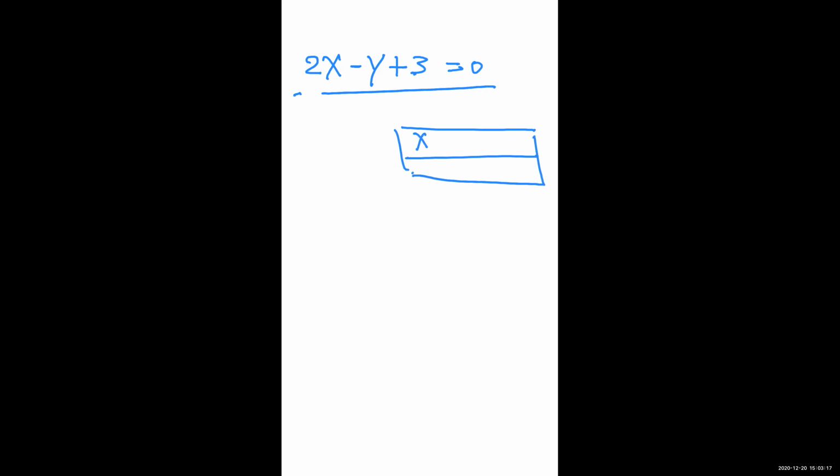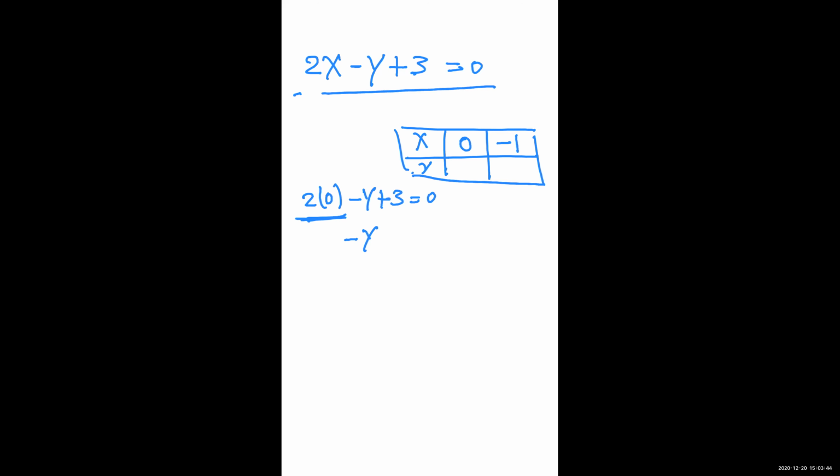So if this one is x, I will assume that x will equal 0, for example, and negative 1. Then I will get the values of y. So first, if x equals 0, this means 2 times 0 minus y plus 3 equals 0.